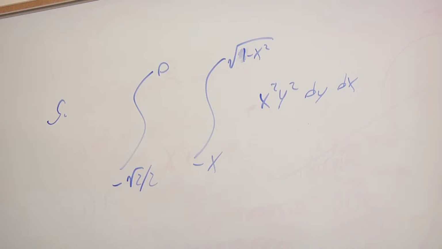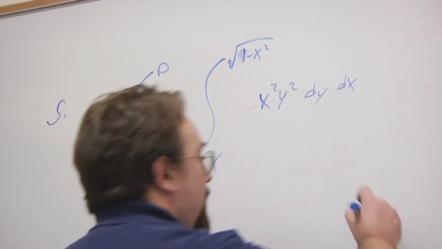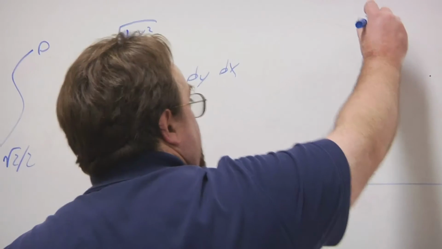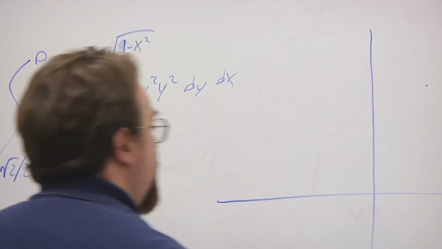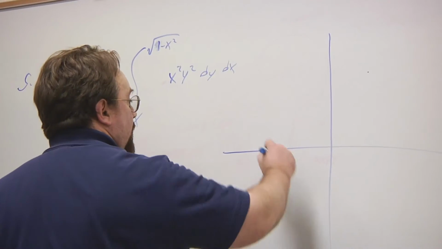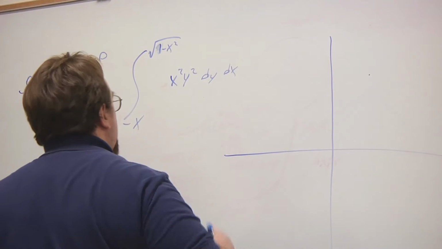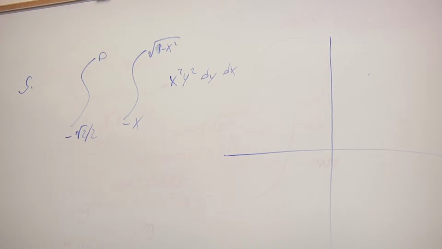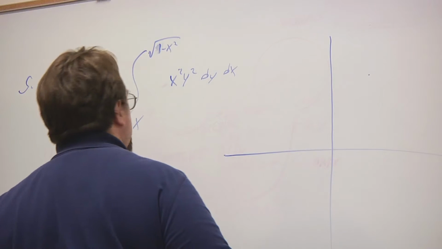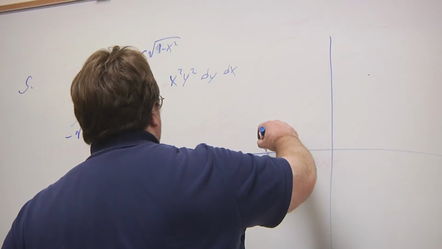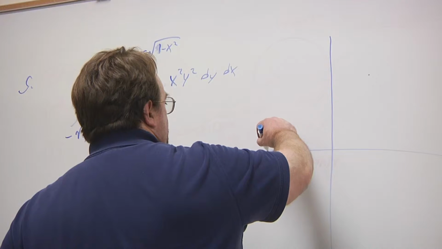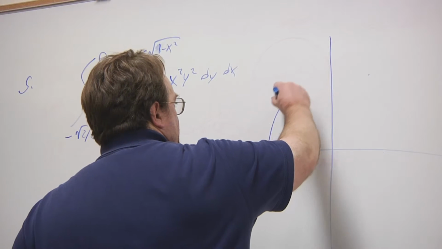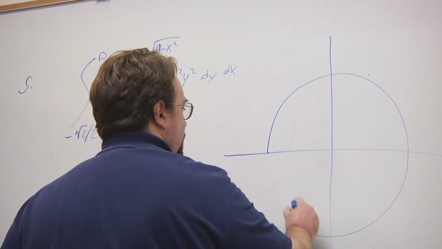Right. So this is one where it really is helpful to try to visualize the region. Since you already know that this is a polar coordinates problem, it will be helpful to keep in mind a circle, just for reference.